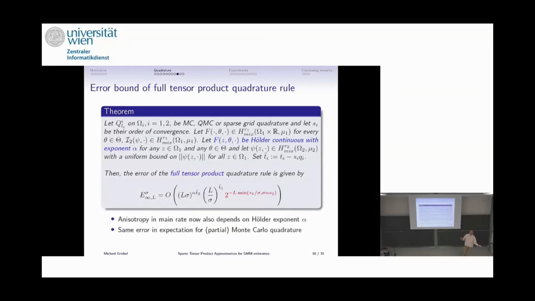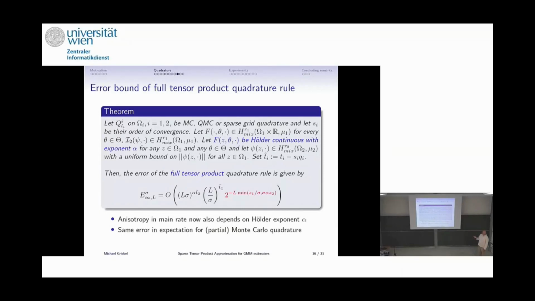And we are back to the old situation, but for non-Lipschitz Hölder functions, the Hölder exponent of this linking function between the inner and outer integral somehow has to appear, and it appears here in the anisotropy. So the anisotropy in the main rate depends on the Hölder exponent.